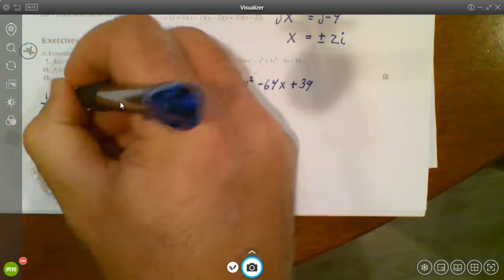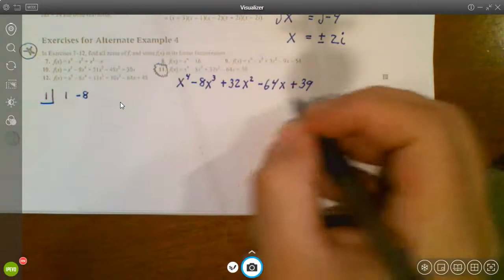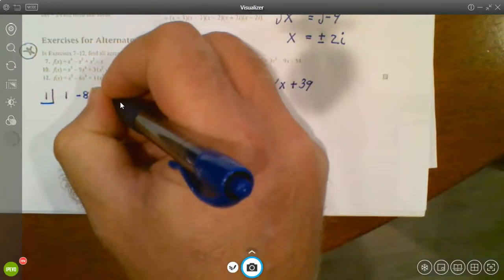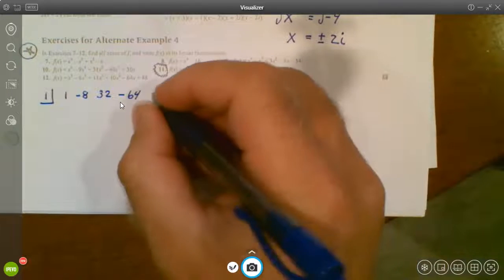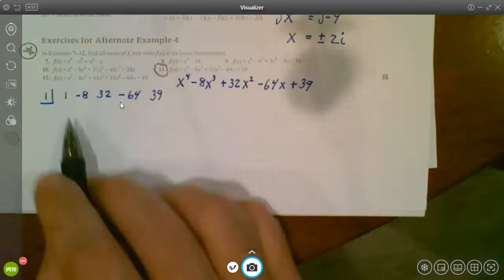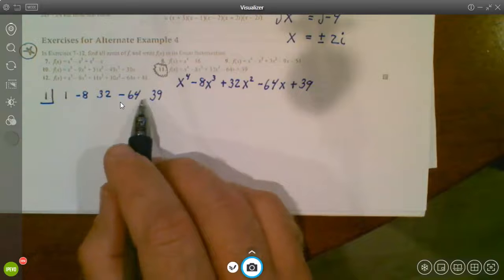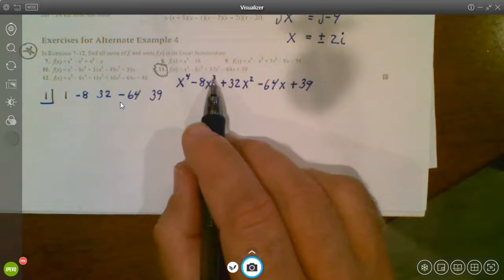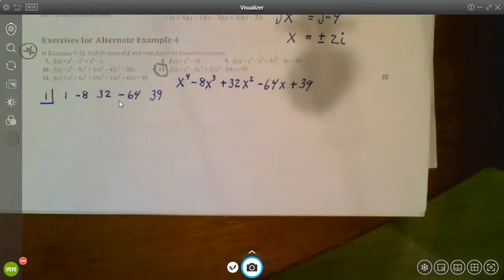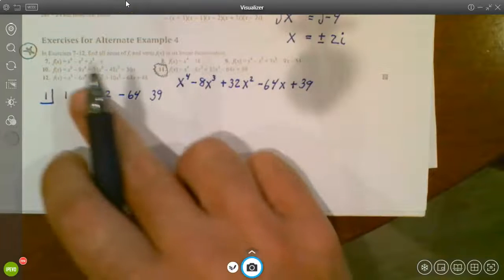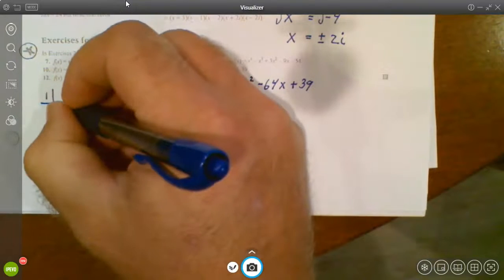I got 1, -8, 32, -64, and 39. Make sure that we're not missing any values that I would have to fill in with a 0. So this goes 4, 3, 2, 1, constant. So we're good. Everything is covered. Don't need any placeholders. So bring down.